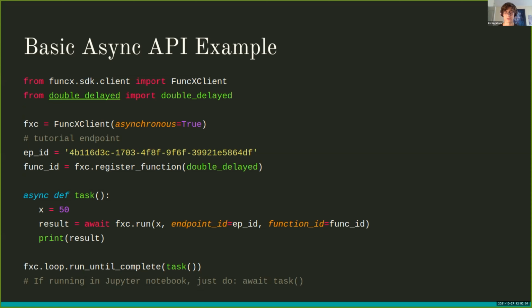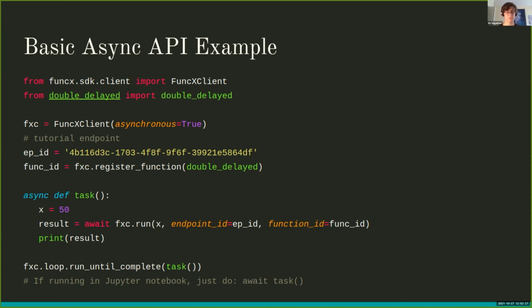And notice that in async mode, we're using the exact same fxc.run funcX client method to get our result, except in this case, it's no longer returning a task ID. Instead, it's returning an awaitable async task. And if we were doing a batch run, for example, we would get back a list of awaitable tasks.